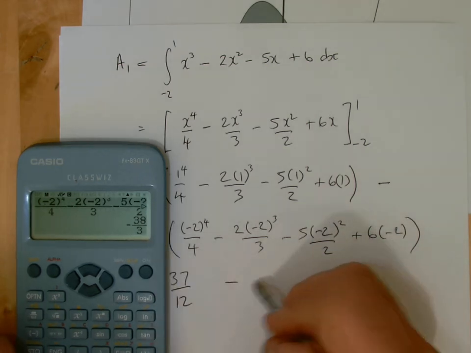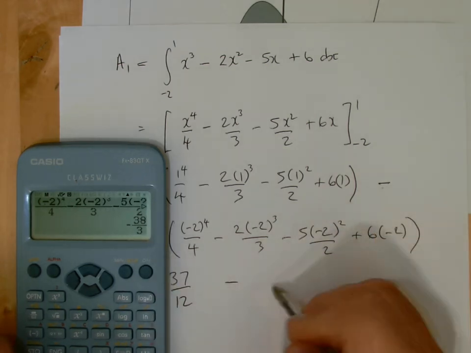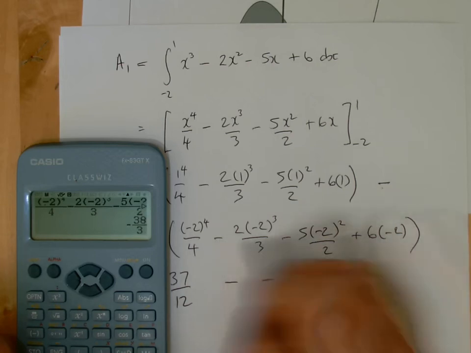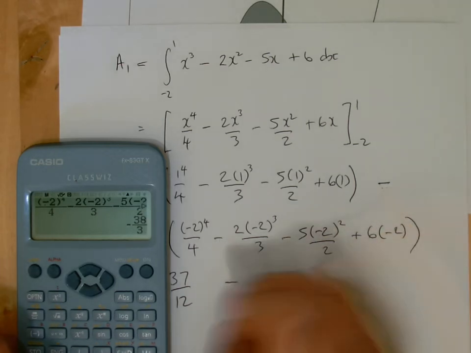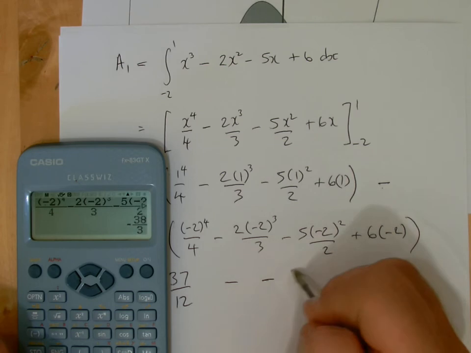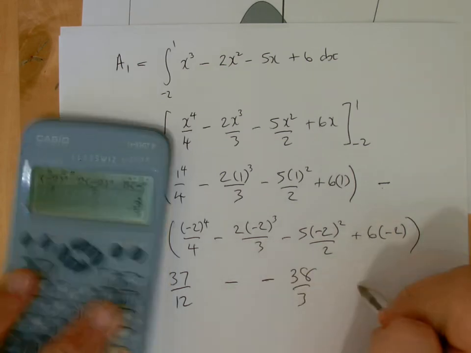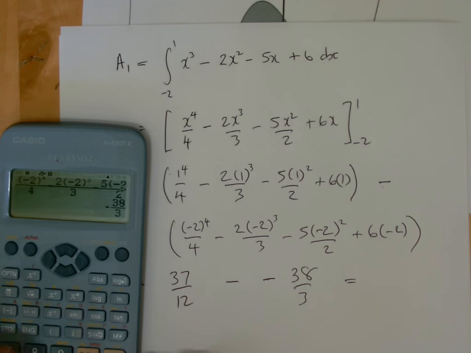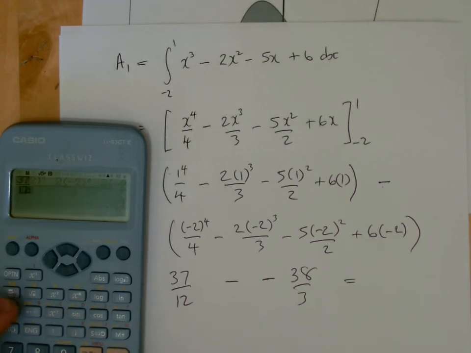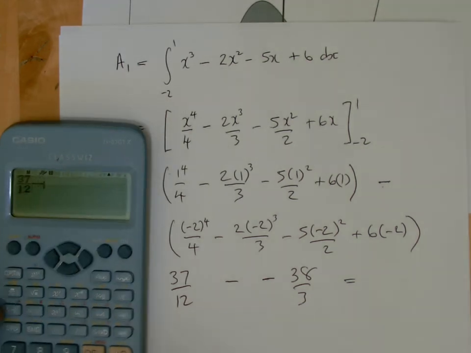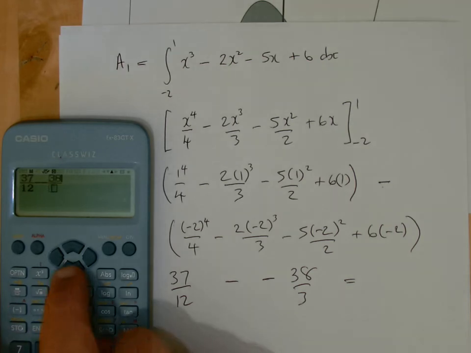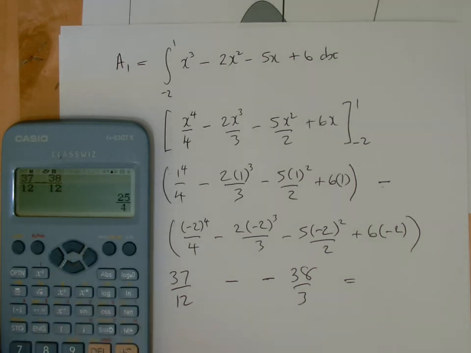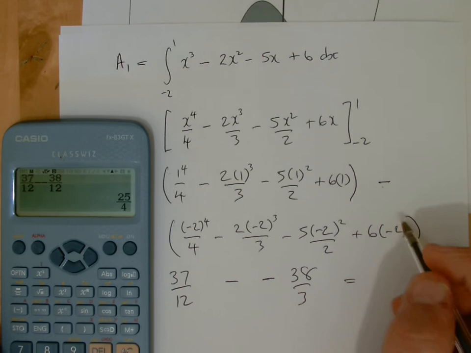There's already a minus there, but you need to write another minus now for this bracket, because we're taking away this bracket, and this bracket happens to be minus as well. So just take note there on that. So if I type that into my calculator, 37 over 12 minus minus, which of course is a plus, and I get 25 over 4.